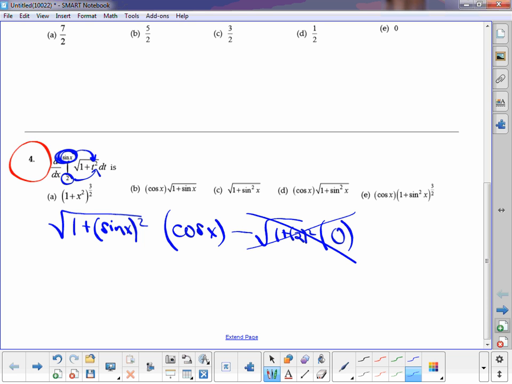Okay. So again, you can go through the more general process of top substituted in with chain rule minus bottom substituted in with chain rule. But whenever you have that constant, that's automatically going to give you an overall 0 for that value. So we have then cosine x times the square root of 1 plus sine squared x. And that ends up being D, I think.